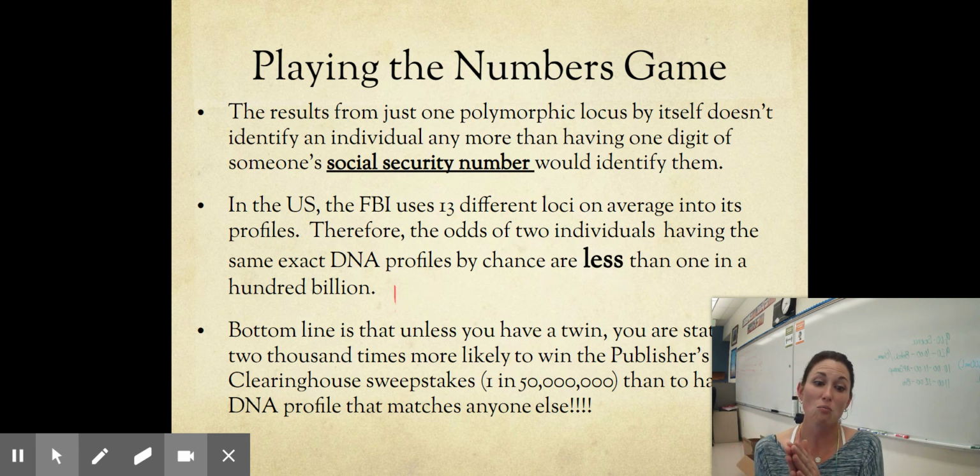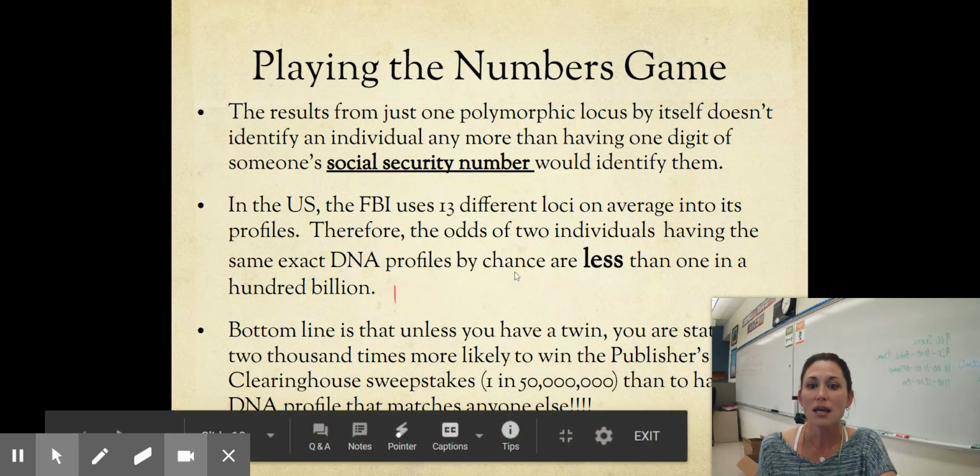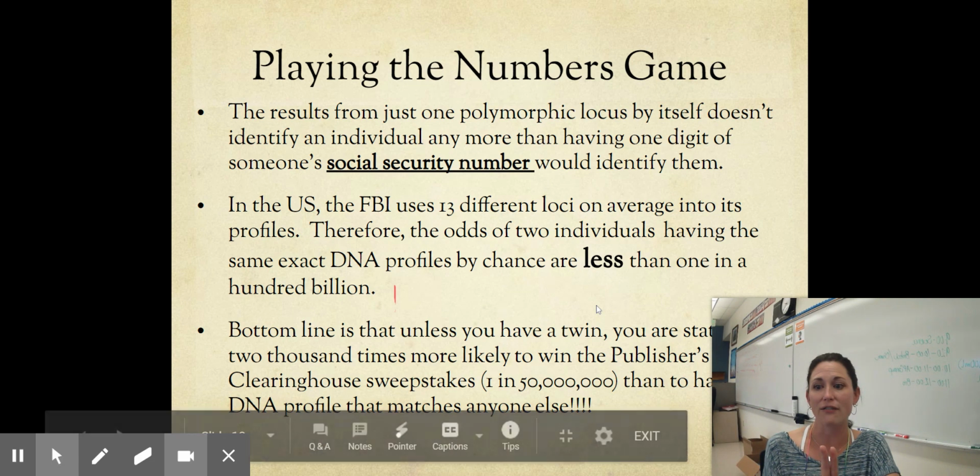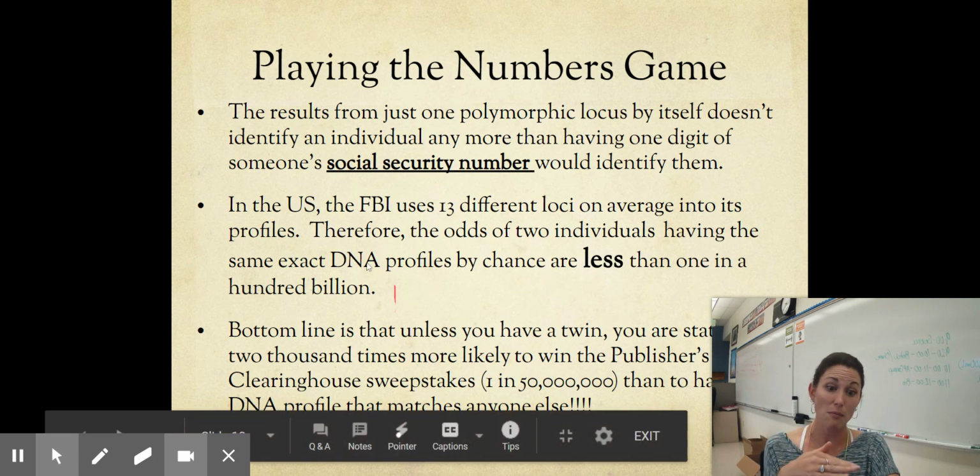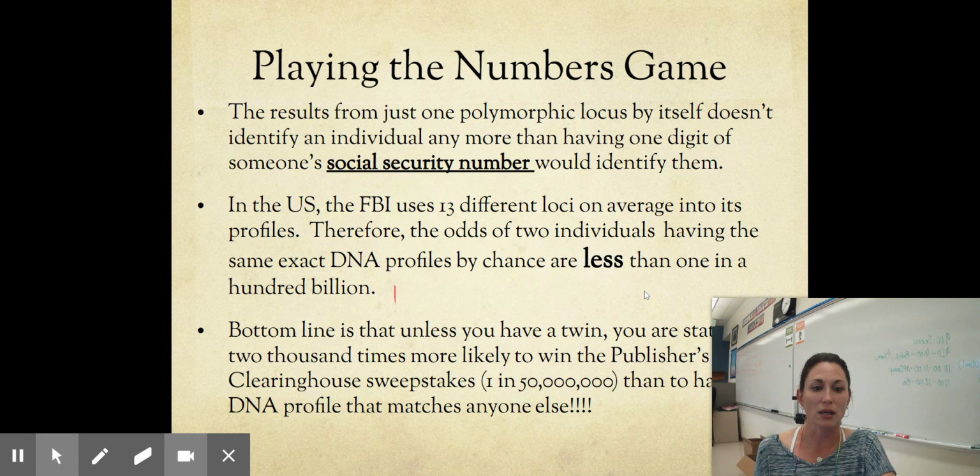However, if we use more than 13 different locations, like the FBI does, the odds of having two separate people who have exactly the same DNA banding pattern or DNA profile is going to be less than 1 in 100 billion. And so this ends up being a really reliable way to determine who a suspect or who a perpetrator might be.